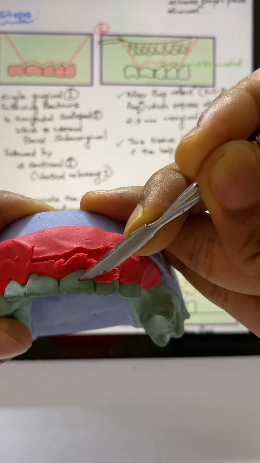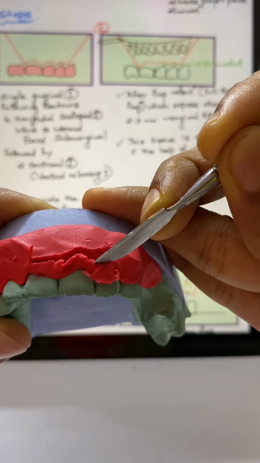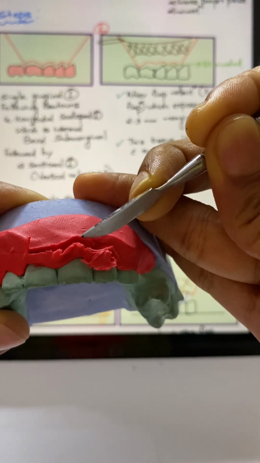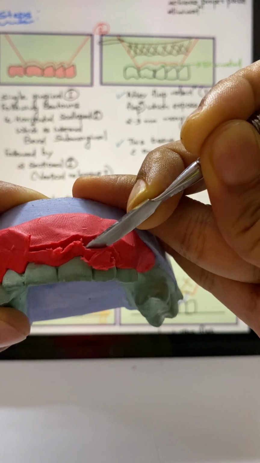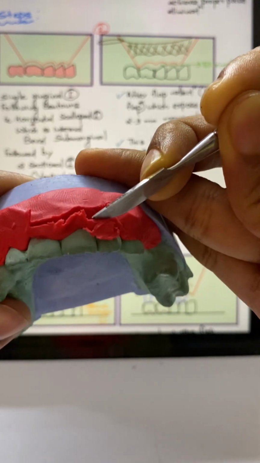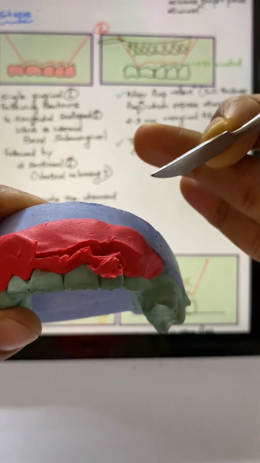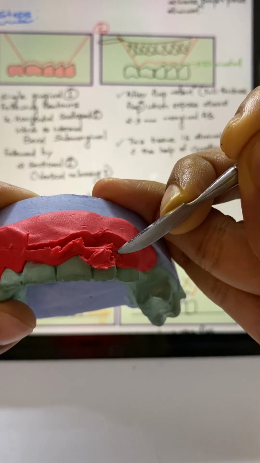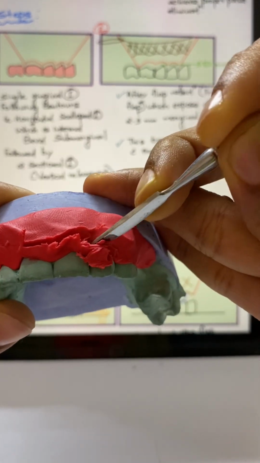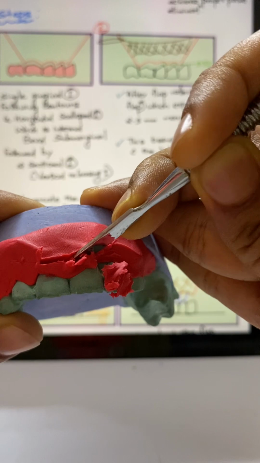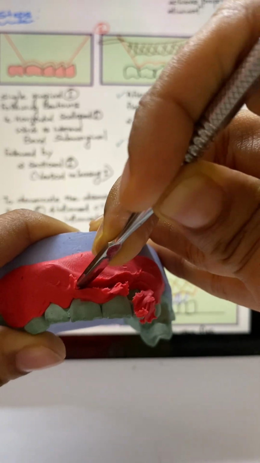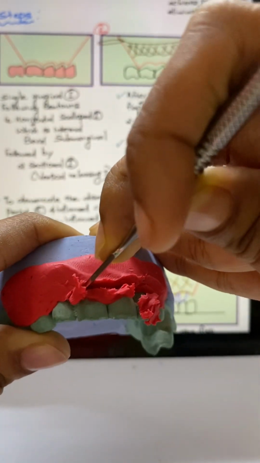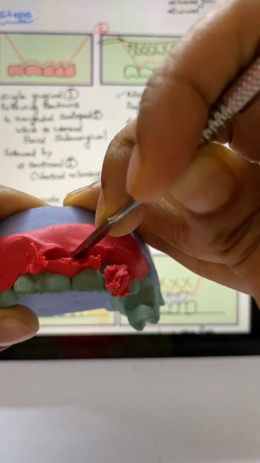Submarginal means this is the marginal area, and we have to give a little 0.5 to 1 mm distance. We need to give this much distance, so that is known as submarginal. I think you are clear with this: internal bevel submarginal horizontal scalloped incision. So we have to give this kind of incision, and then we need to remove this part.